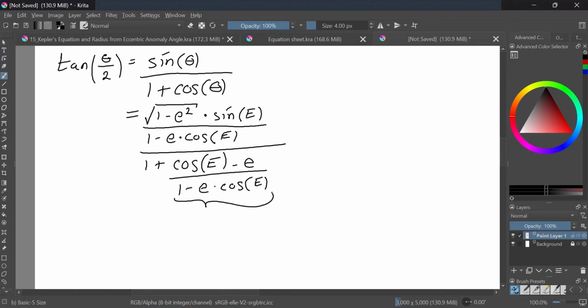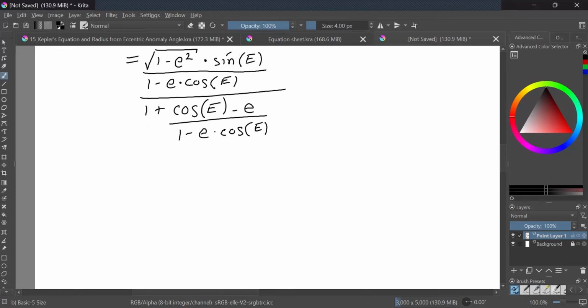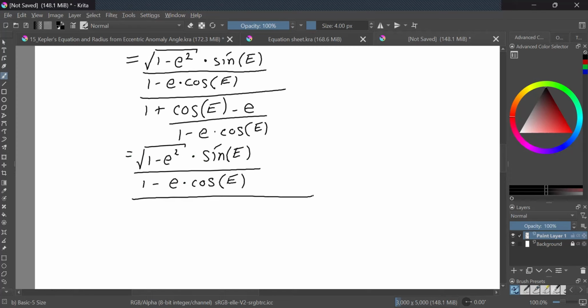But once we distribute this denominator of a denominator up to that 1 plus, to write the 4 lines again, but for the last time: 1 minus eccentricity squared times the sine of the eccentric anomaly angle over 1 minus e times the cosine of the eccentric anomaly angle, all over 1 minus e times the cosine of the eccentric anomaly angle plus the cosine of the eccentric anomaly angle minus the eccentricity over 1 minus e times cosine of e.